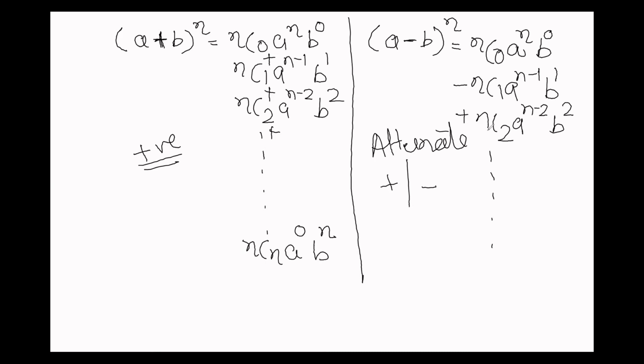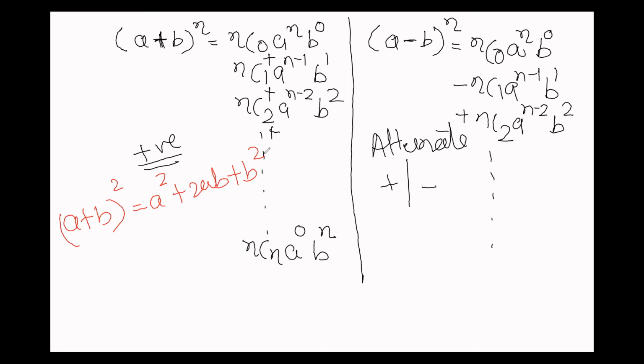Now something interesting for you. Let me write some formula for you. You all know a plus b square is a square plus 2ab plus b square, right? Power of a: a square, a raised to power 1, a raised to power 0; b raised to power 0, b raised to power 1, b raised to power 2.